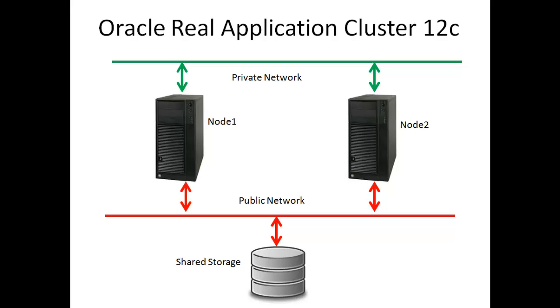Here in this architecture I have shown only two nodes because my intention is to create a two-node Oracle Real Application Cluster, but you can add more nodes as you wish. In the earlier versions of Oracle, they supported cross cabling for internal networking. But from 11.2 onward, Oracle has come up with the idea of SCAN name and a private network.